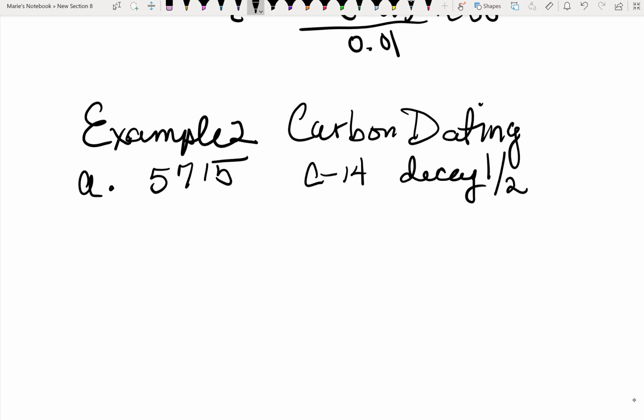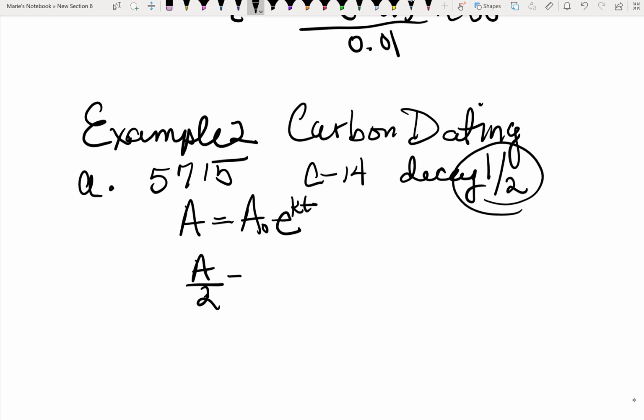Okay, so in this case, we want to set up the model. We know the original model is: future value is equal to that initial value times e raised to the k times t. Since in this case we're going to decay by half, this becomes half, A over 2, and that is equal to A sub 0 e to the k times 5,715.